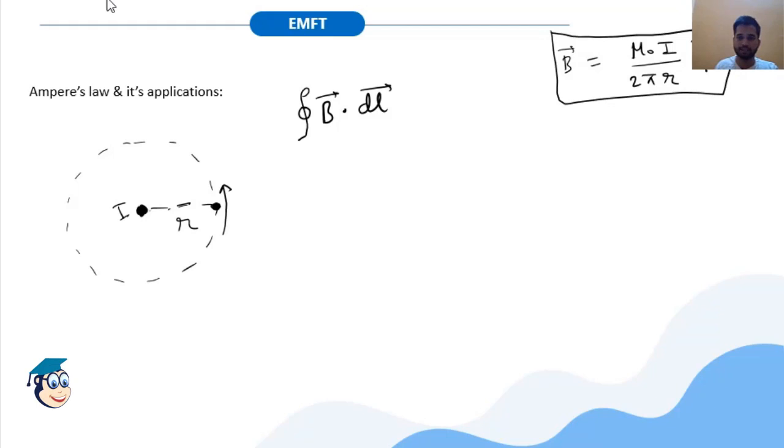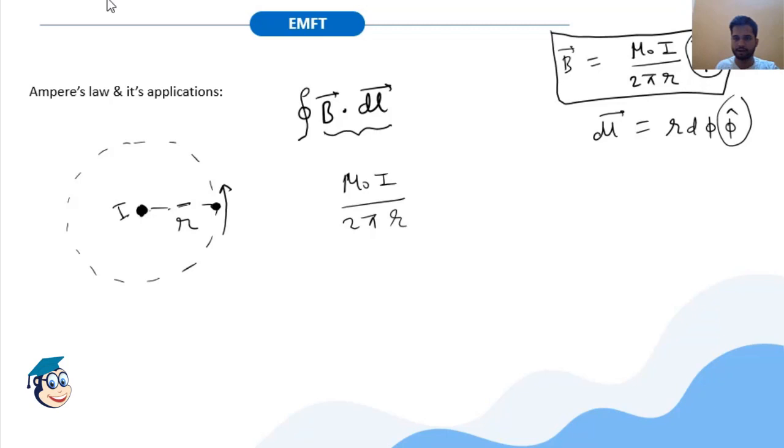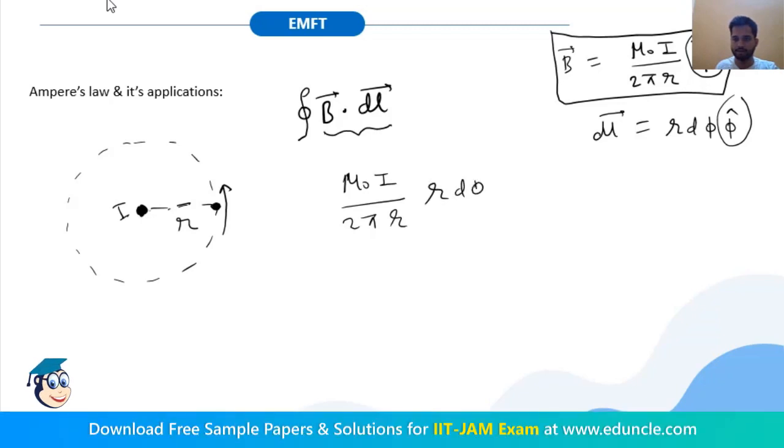And dl in this case is given by r d phi phi cap. If you do the dot product of these two quantities, here is phi cap and here we also have phi cap, so phi cap dot phi cap is 1. You get mu naught I over 2 pi r times r d phi.